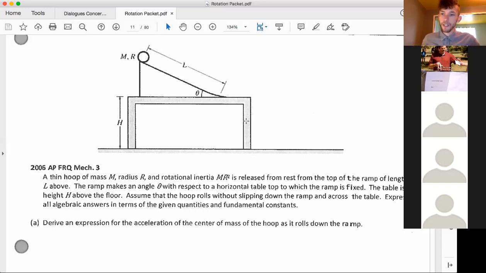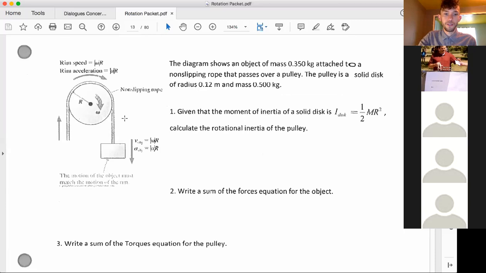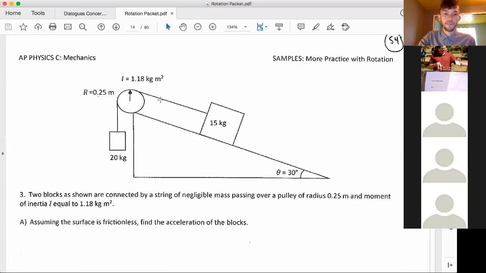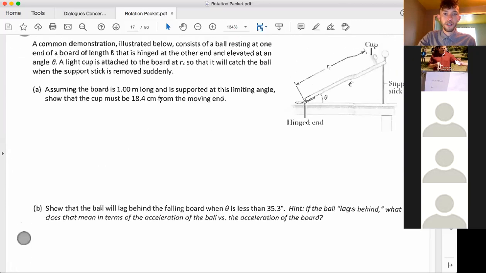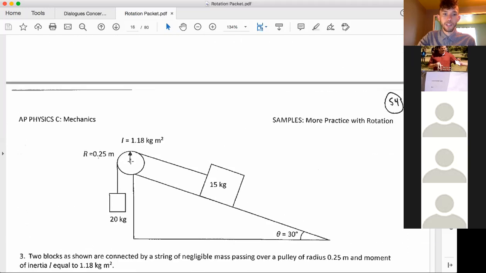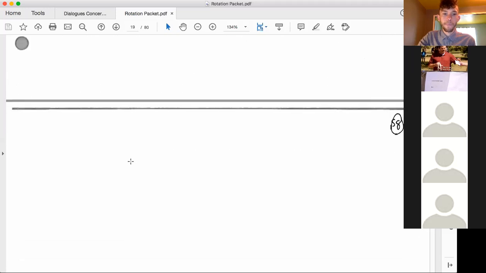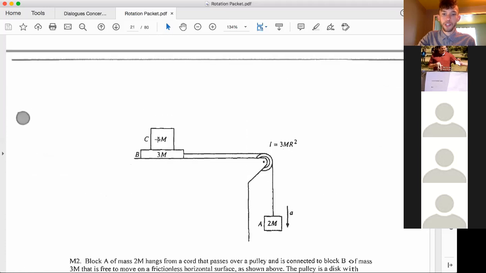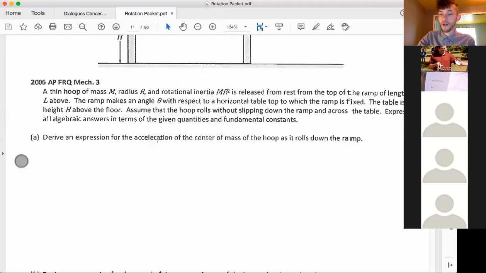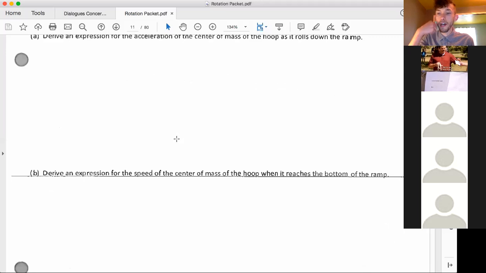Okay, so listen carefully. I'm going to type this up on the Google Classroom as well, so we all make sure that we get it. If you guys have already tried some of these torque problems, and if you feel comfortable with torque and you're ready to go, for example, if you can do this one here on page 13, this one here on page 16, and this one here on page 21, and you're feeling confident, then you can go ahead and continue on with the video I'm going to post today.